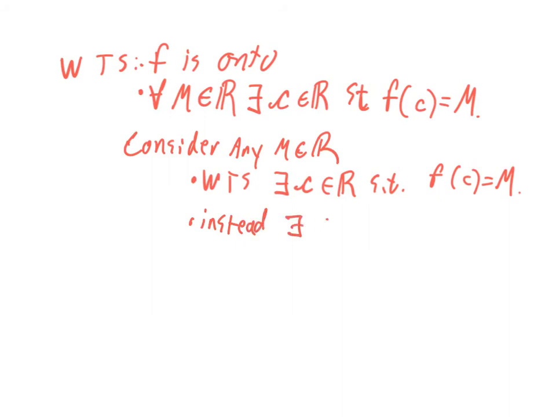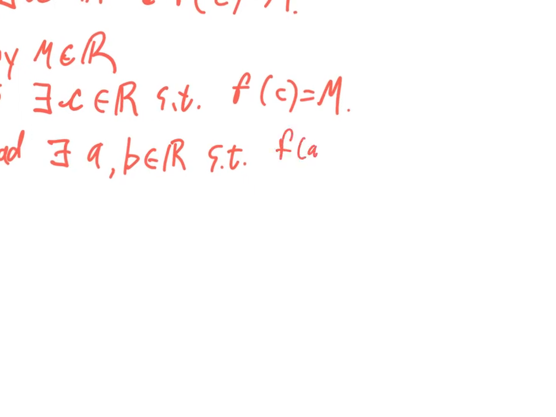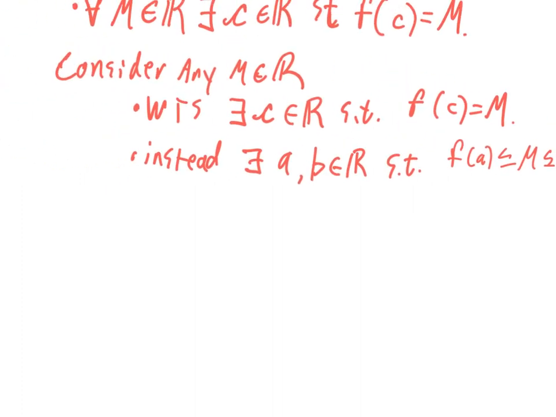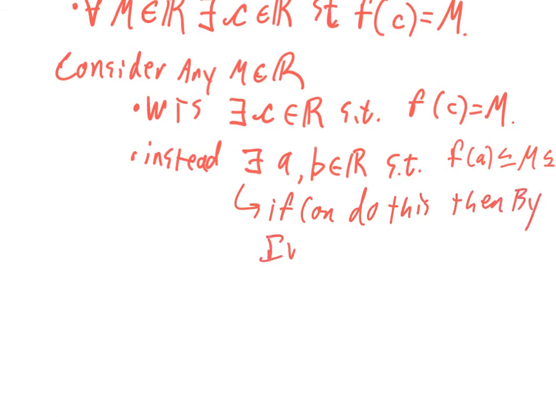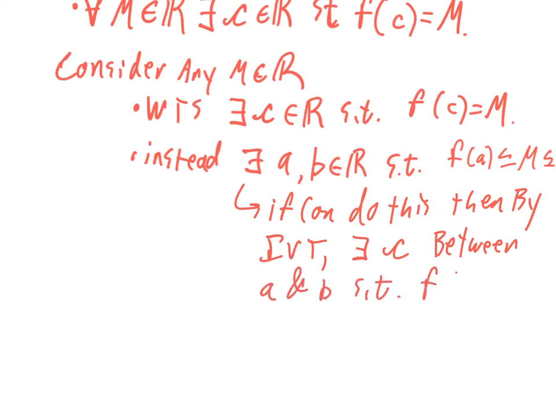Let's show that there exist some inputs a and b in R such that f of a is less than or equal to m, which is less than or equal to f of b. If we can do this, then by the IVT, there exists a c between a and b such that f of c equals m, and we'll be done.